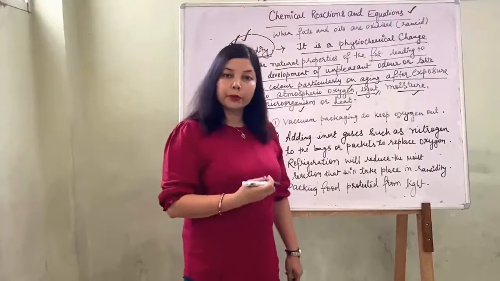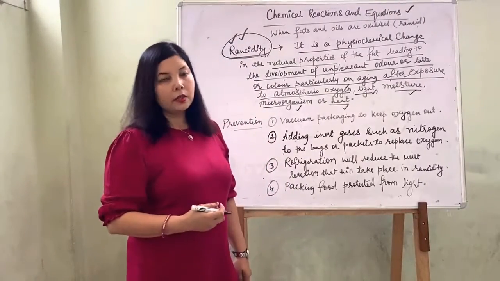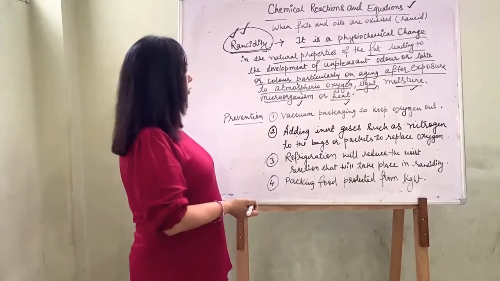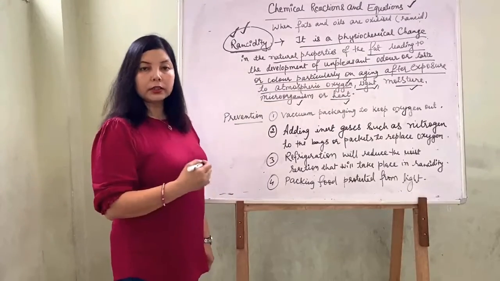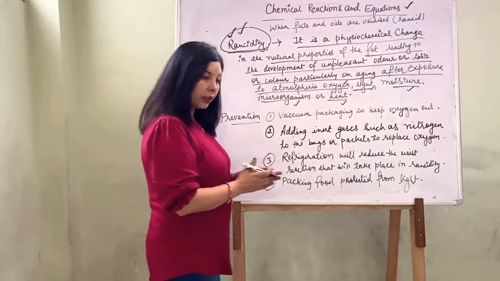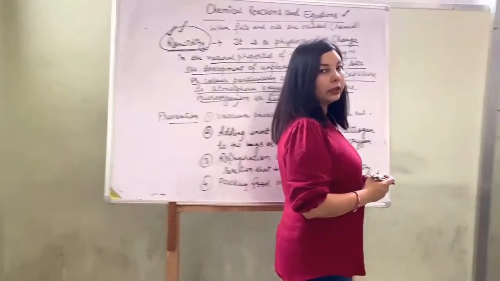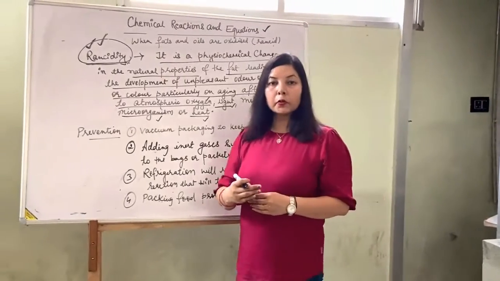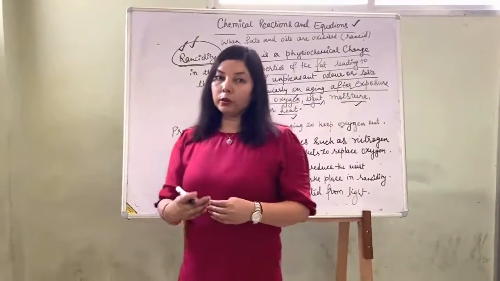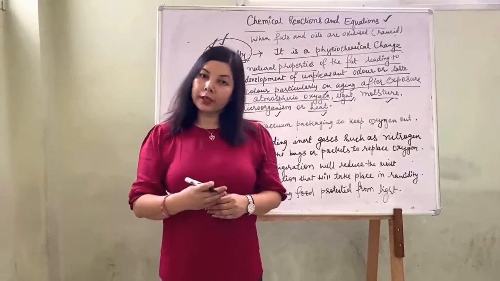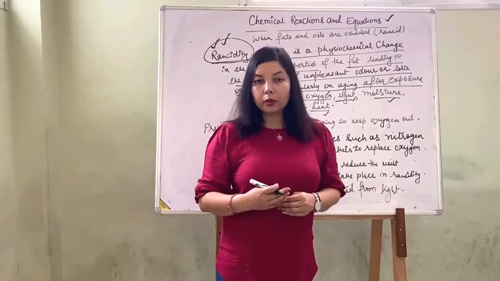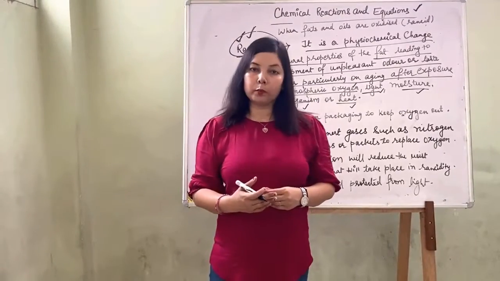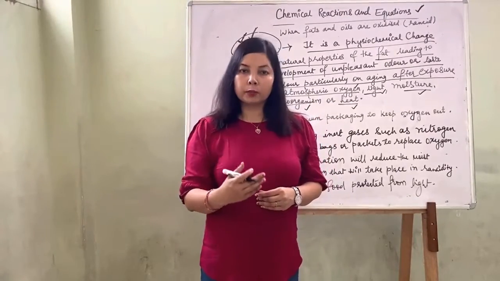So in order to protect the substances from getting rancid, we need to take some steps. So students, we will see what the steps are. Again, one thing more, like I have said, the fat and oil containing substances get oxidized only when they are exposed to the atmosphere. So we need some way out so that we can protect them from getting exposed to the atmosphere or to the light or to the moisture.